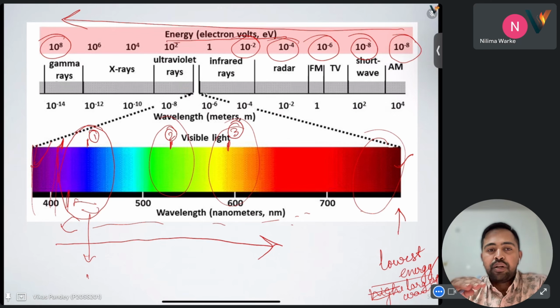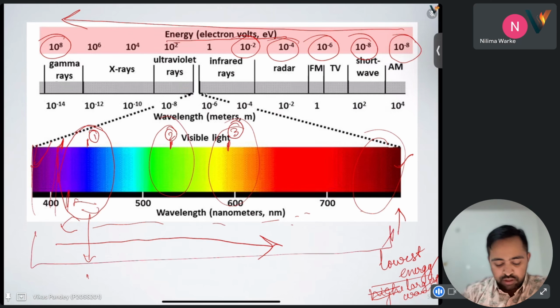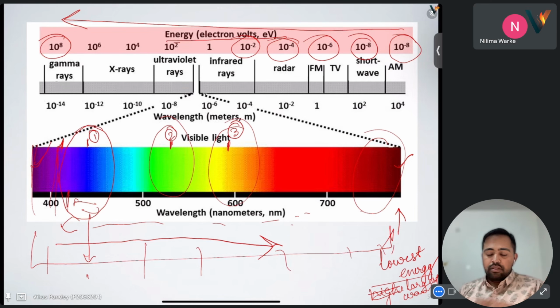And that is why when we are having white light, actually we are having all the sources, right?